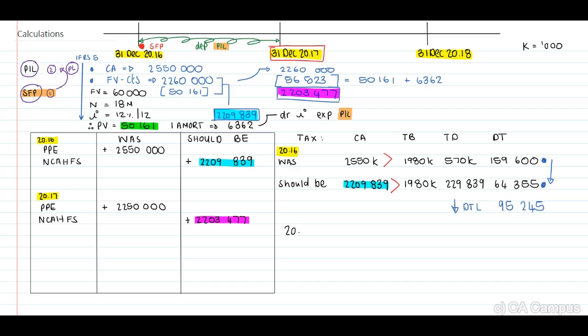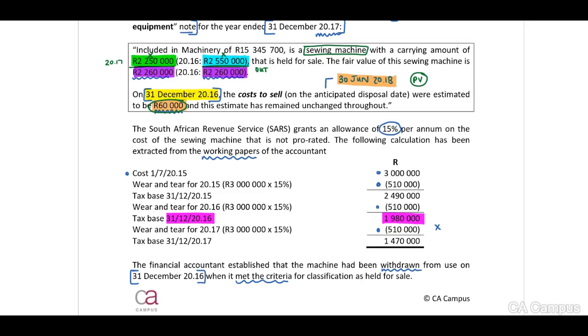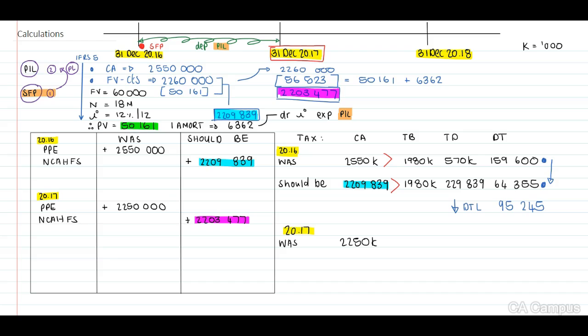Now for 20.17. Again, guys, what was? We had an amount of 225,000. Our tax base provided to us is this 147,000.